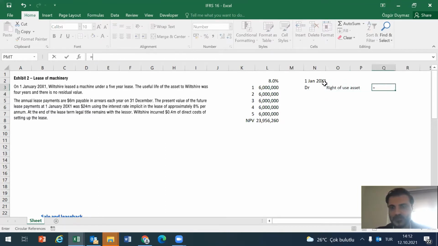It would be the net present value of future leasing payments, and credit the same amount with liability.